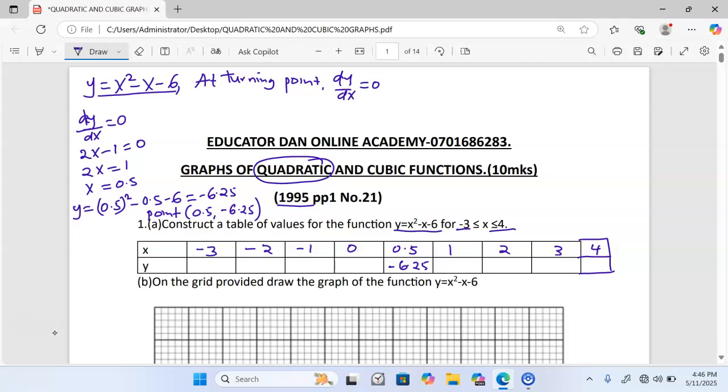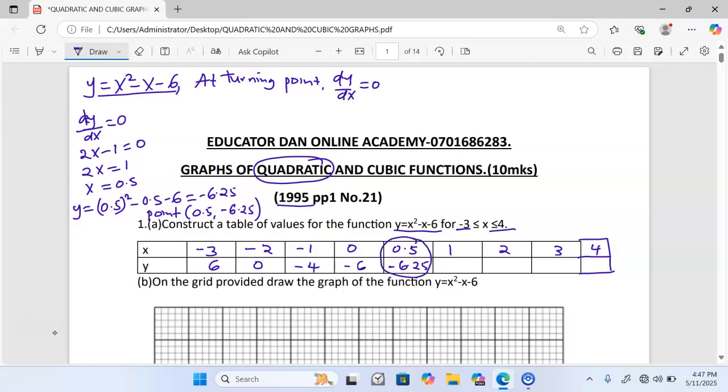When x is -3, the value of y is +6. When x is -2, y is 0. When x is -1, y is -4. When x is 0, y is -6. Already we have our turning point at this point.